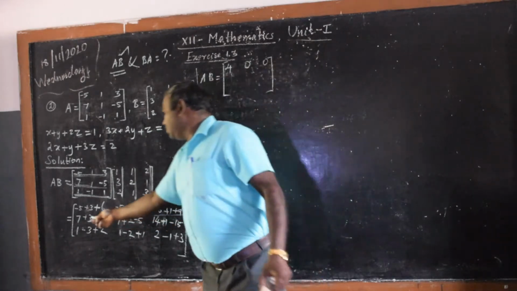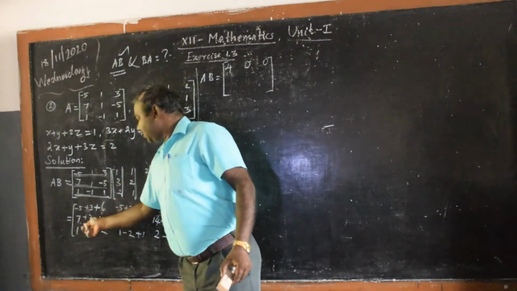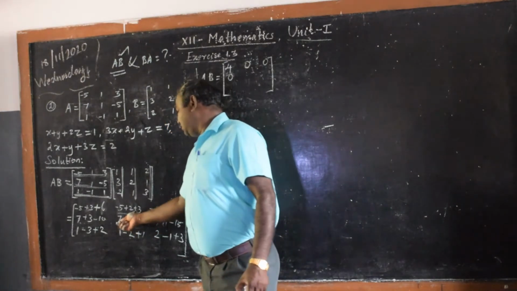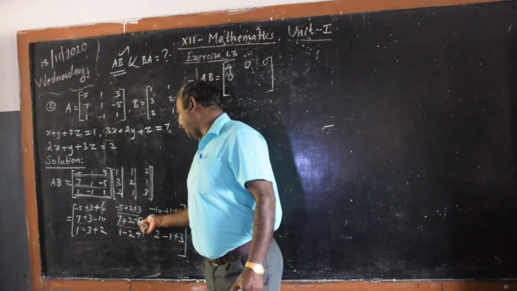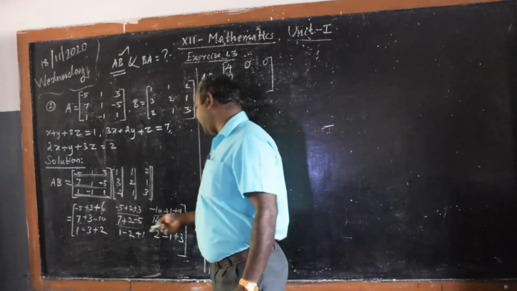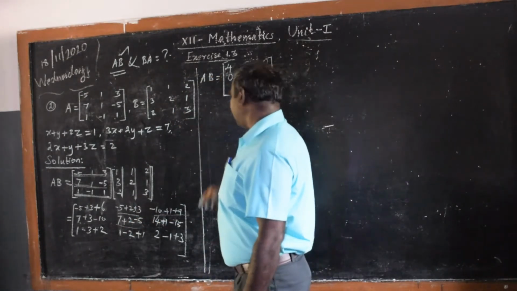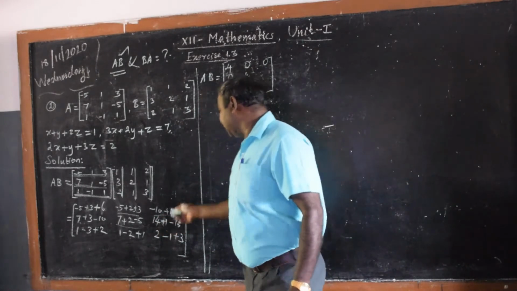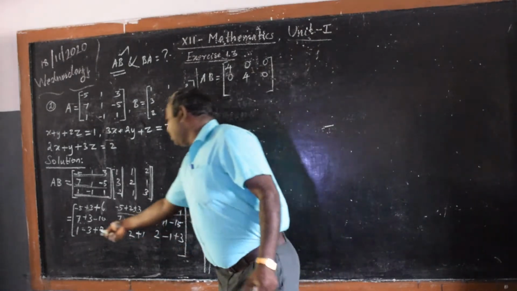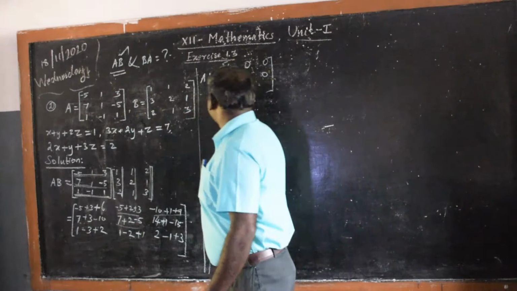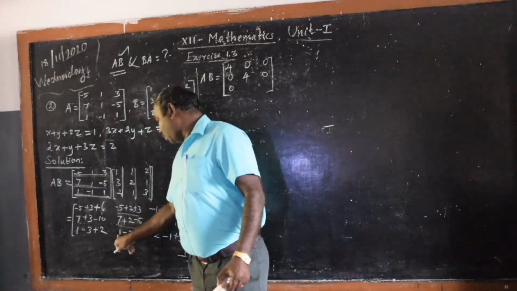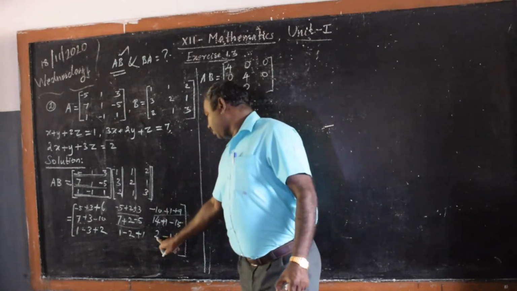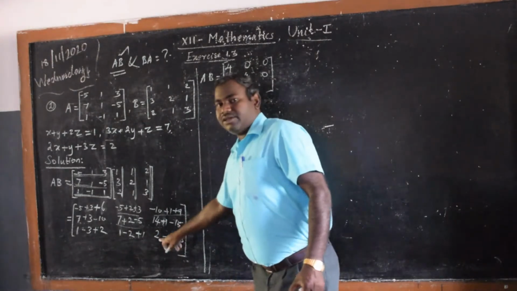Second row: 7 plus 3 is 10, 10 minus 10 is 0. In this place 7 plus 2 is 9, 9 minus 5 is 4. Last one 14 plus 1 is 15, 15 minus 15 is 0. 1 plus 2 is 3, 3 minus 3 is 0. 1 plus 1 plus 2... 2 minus 2 is 0. 2 plus 3 is 5.